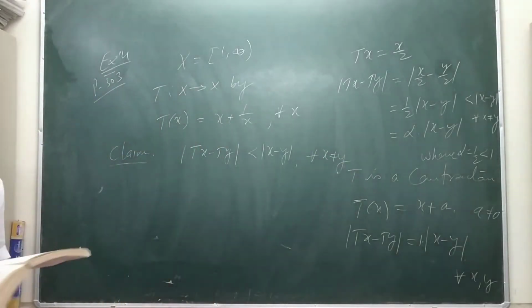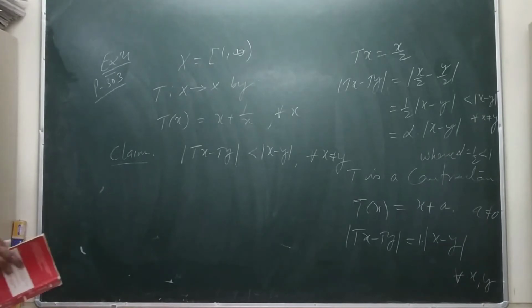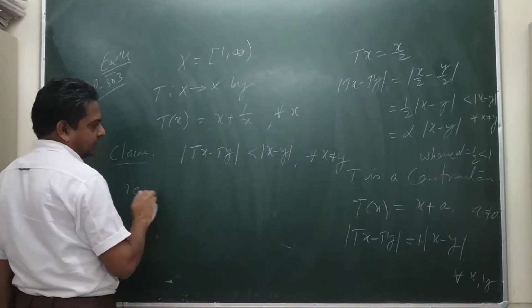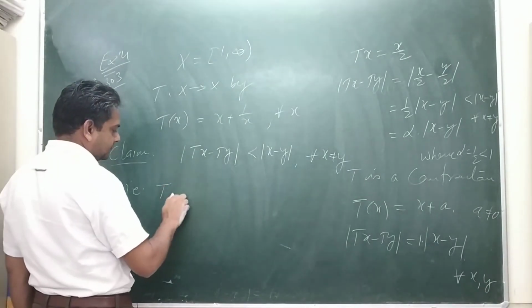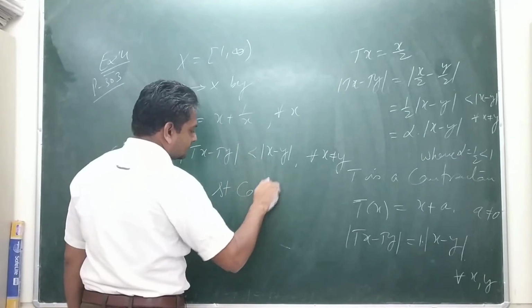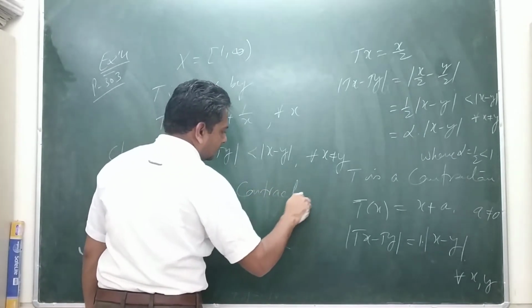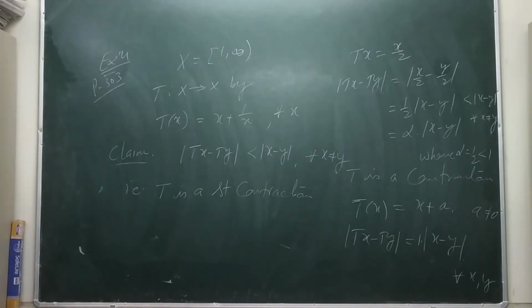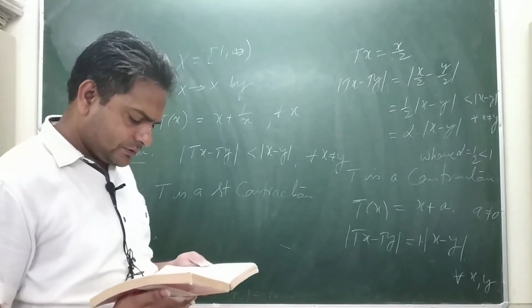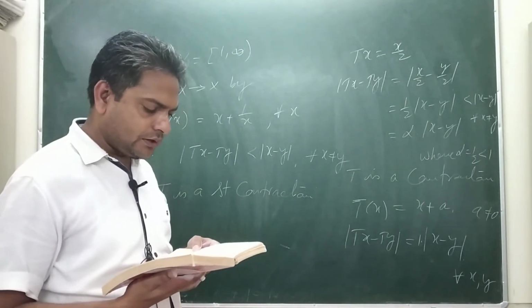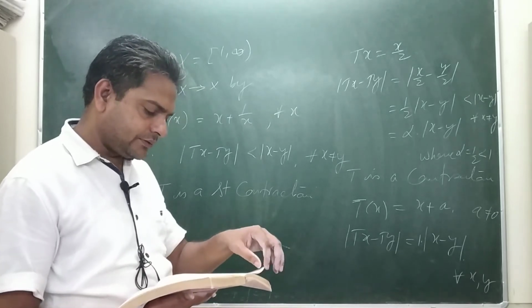So you can say my claim is that T is a strict contraction. This is just a simple exercise, so you can do it by yourself. If any doubt, we can discuss in the tutorial class. So this is one example.